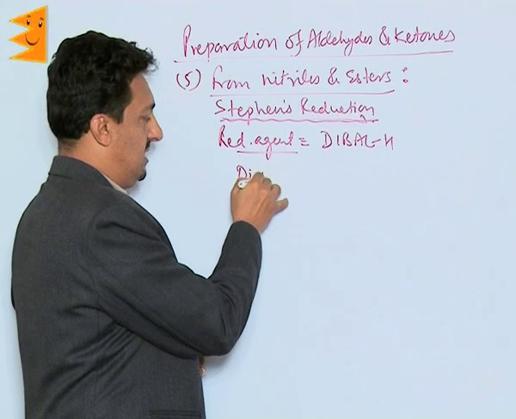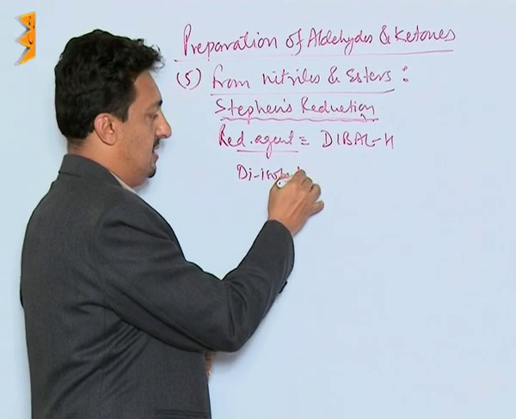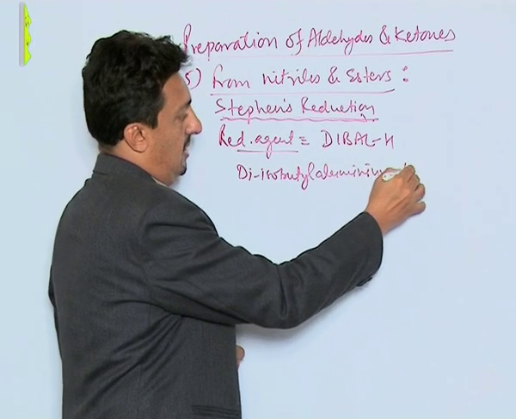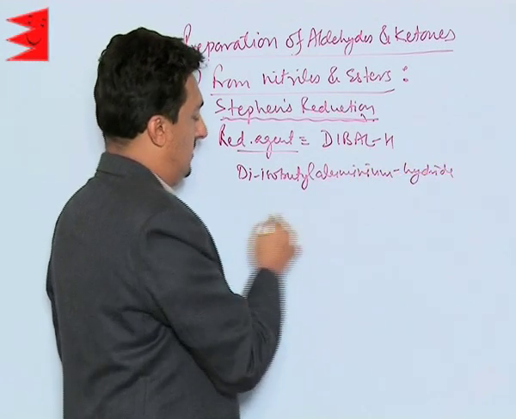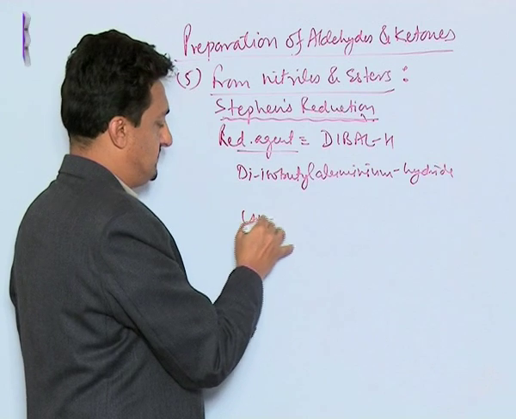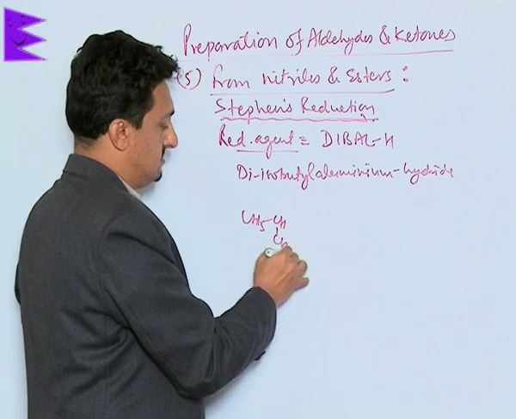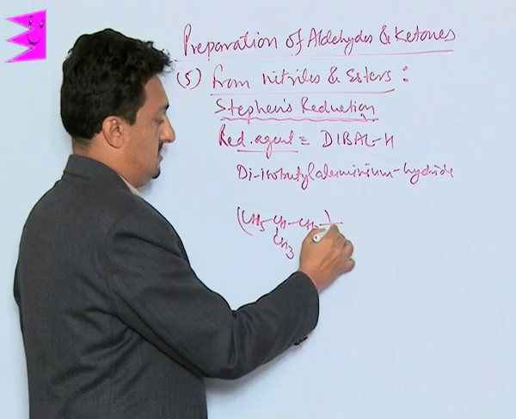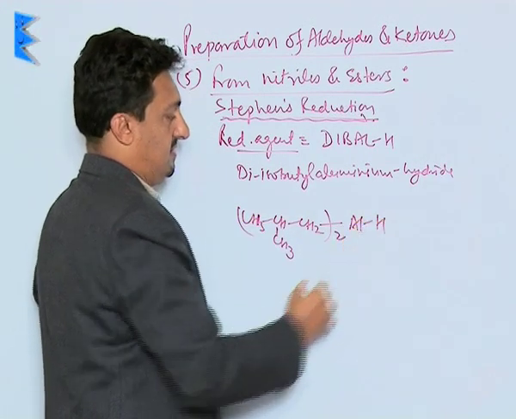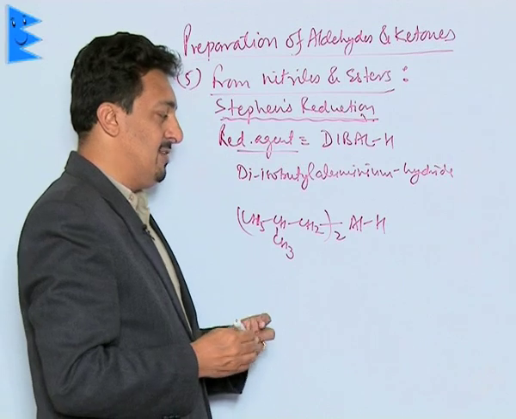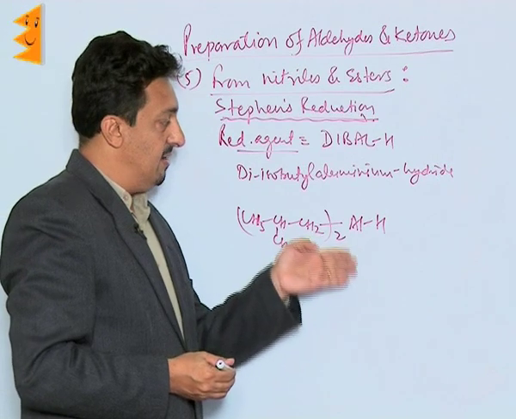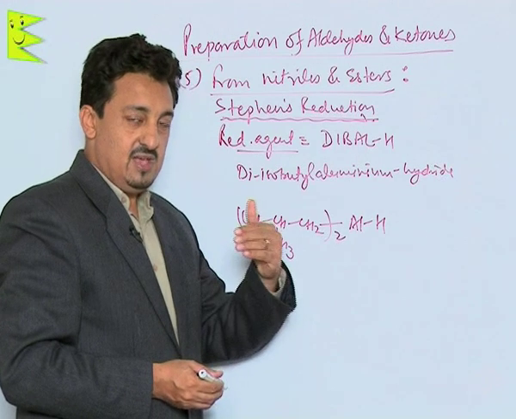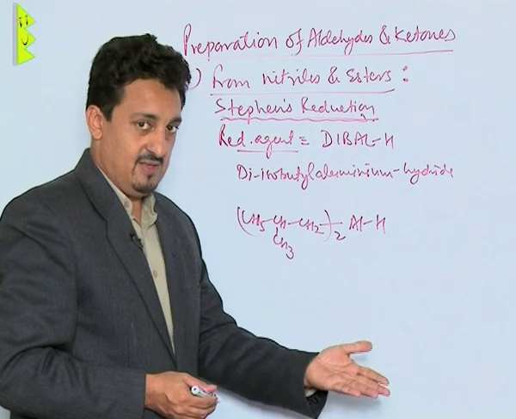This is diisobutyl aluminium hydride. Since in this there is only one aluminium hydrogen bond, it will always lead to partial reduction. So there is no fear of the imines getting reduced further to primary amines.